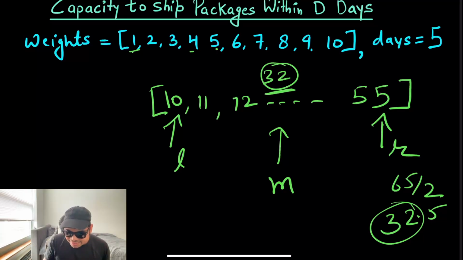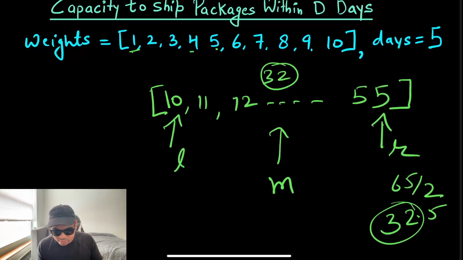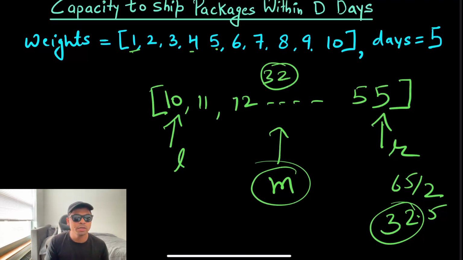And you will realize that yes, we will be able to do that, because for 32 maybe we will be able to ship all of these together, and then these two together. So 2 days, right, which is way less than our 5 days. But you know what, that's not our target. This will work as our answer, but what we are trying to do is minimize the target that we are choosing. So if this passes, we will have our result variable.